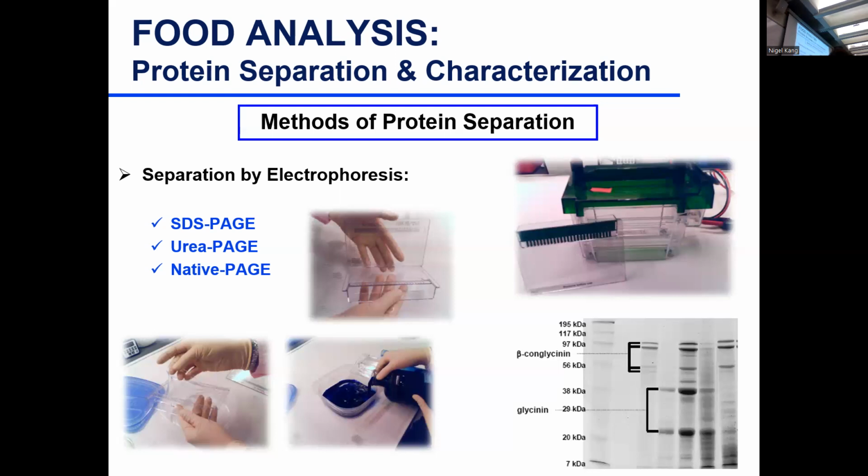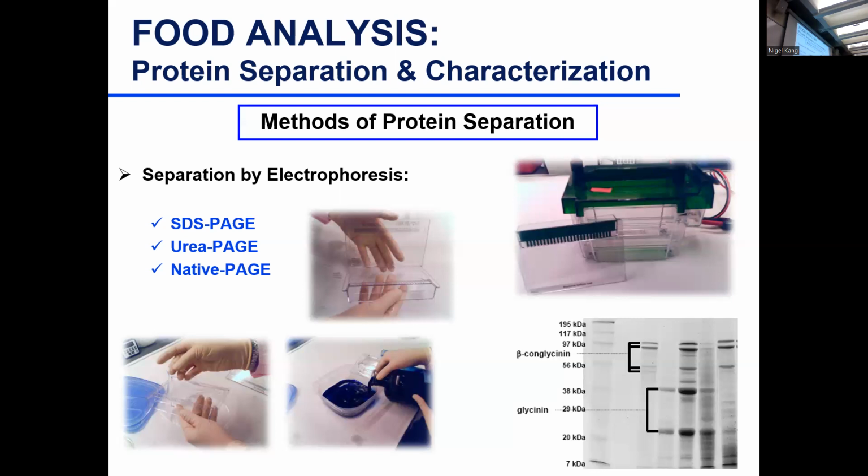We have a chamber here. We need to fill it with our running buffer, and then we have our gel. Nowadays, these gels are prepared and you can buy them. You don't need to work with acrylamide, which is toxic.